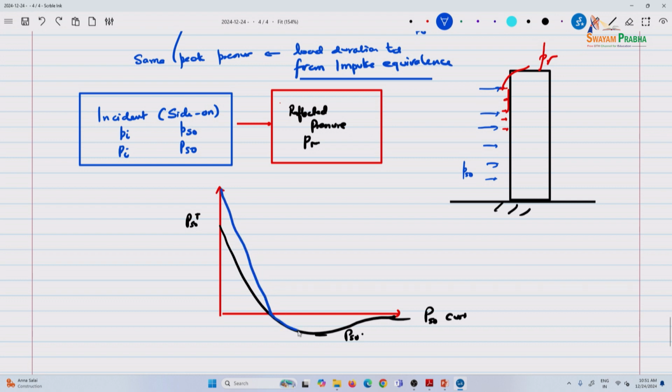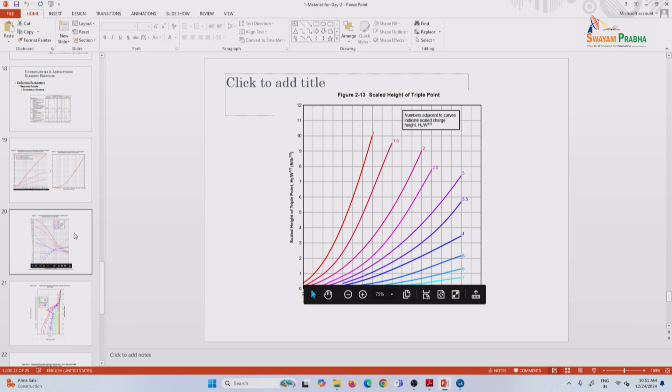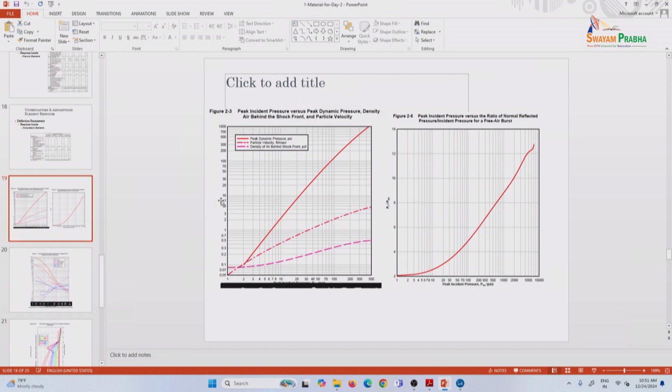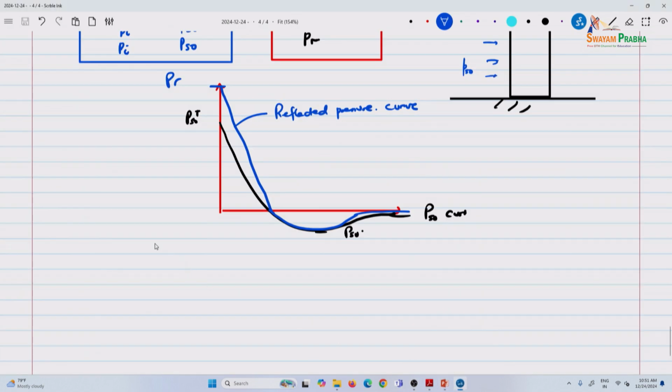I am not drawing it very well, but the thing to keep in mind is it follows a similar pattern, but the reflected pressure value is much higher. And to give you an idea, let me bring this up, all these curves again are from UFC 340.